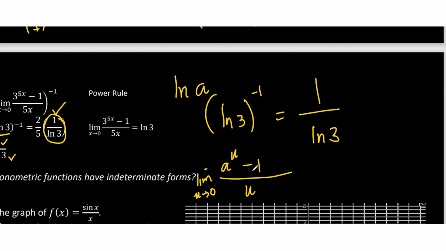Itong u na ito, w, v, ganyan, kahit anong gamitin mong letters dito, kasi with respect to u kasi ito, kaya u approaches 0. Pero kung x naman ang ginamit mo, with respect to x. Okay? And that is equal to ln of a. So, ang a na ito, kunin mo lang sa base. Okay? ln of a. So, yan na yung sagot.